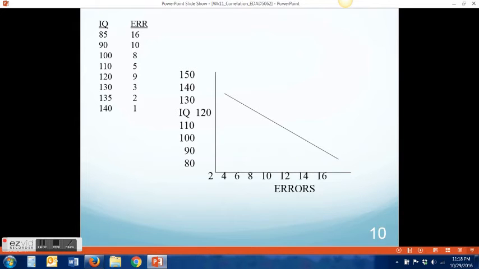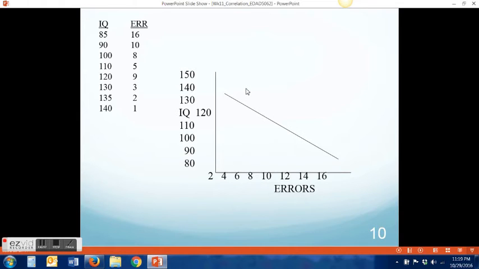Our last example here, we've got IQ and the number of errors on some sort of assessment. Again, we're plotting errors across the x-axis, IQ across the y-axis, and we see with increased IQ, we see fewer errors.